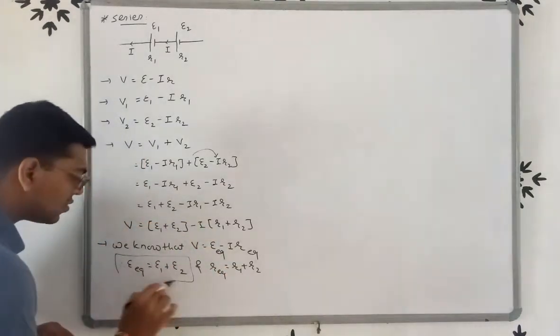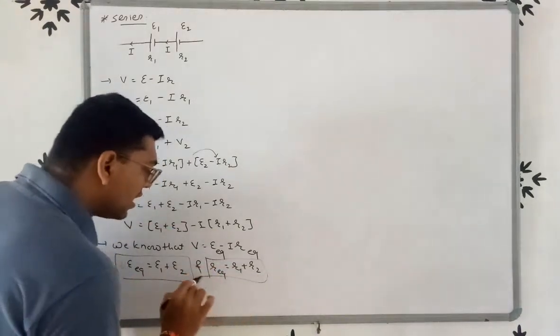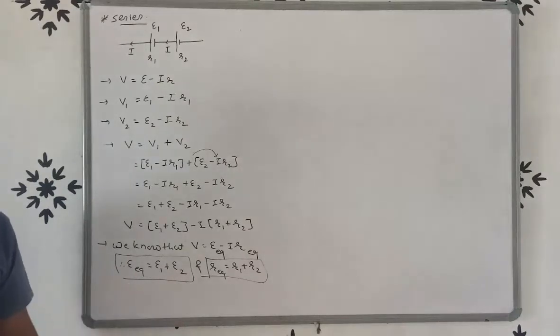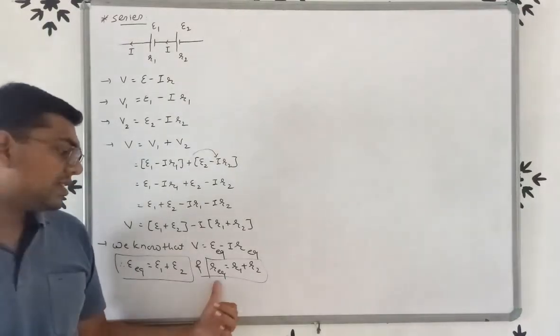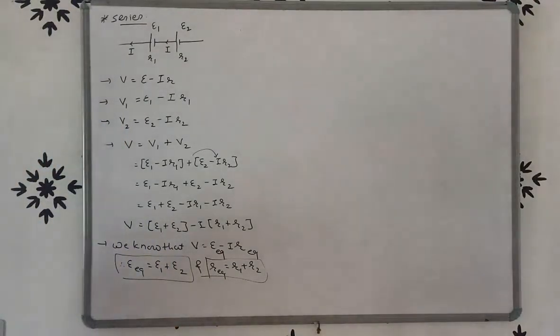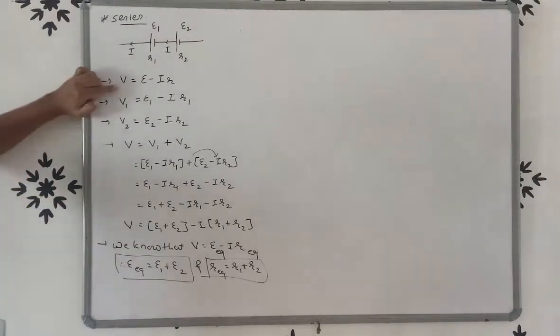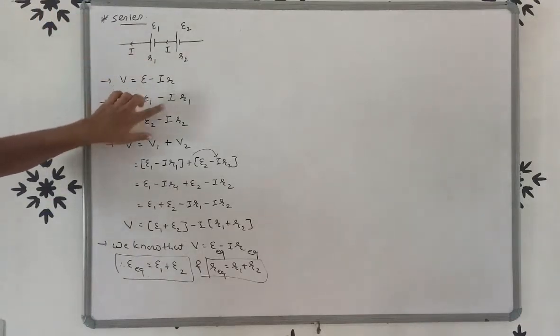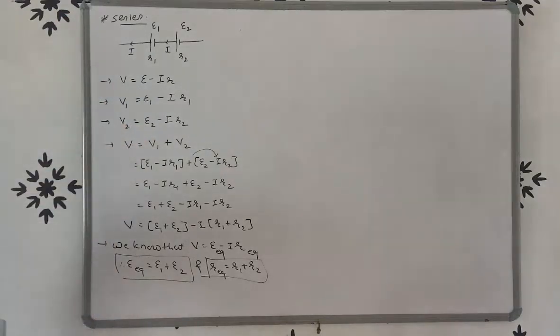So here in series combination, the equivalent EMF is E equivalent equal to E1 plus E2, and the equivalent internal resistance is R equivalent equal to R1 plus R2, right? So this is the series combination. Again, we know that V is equal to E minus IR. So we write this equation for the first and second cell: V1 is equal to E1 minus IR1 and V2 is equal to E2 minus IR2.